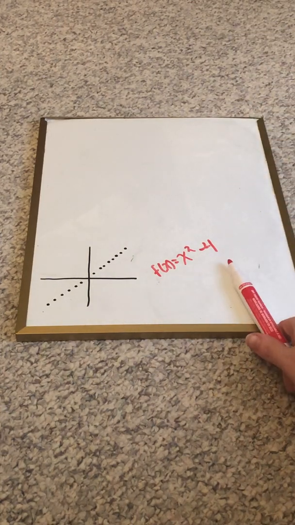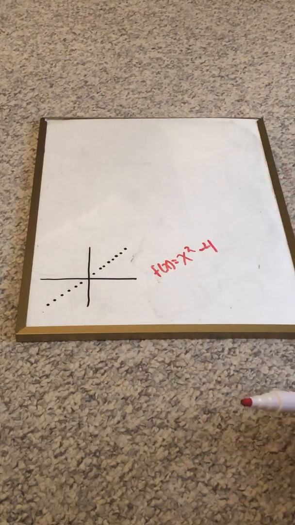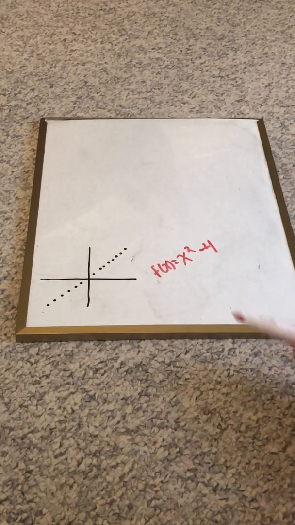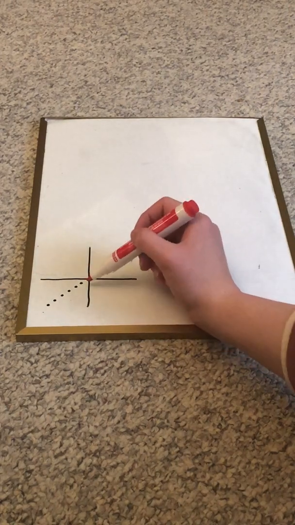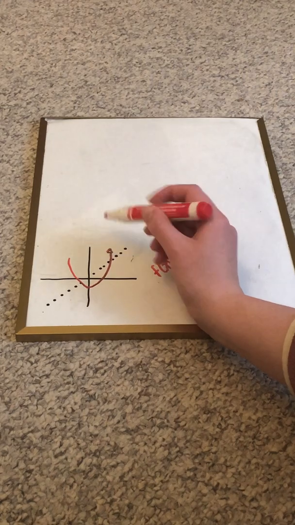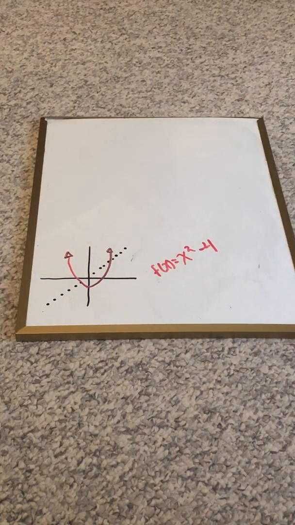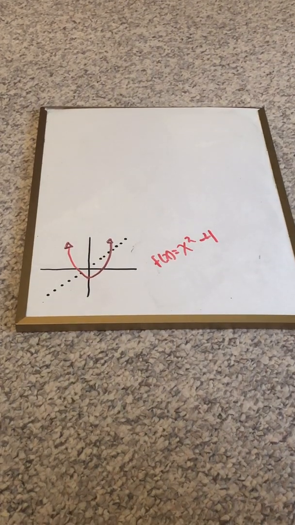And we know that this -4 means that it's going to be moved down 4 units. So I'm just going to go ahead and sketch that. And we can also pop some arrows on this guy because we know it goes on forever. So that is our function of x squared minus 4.